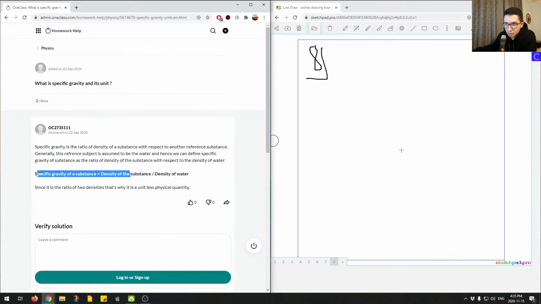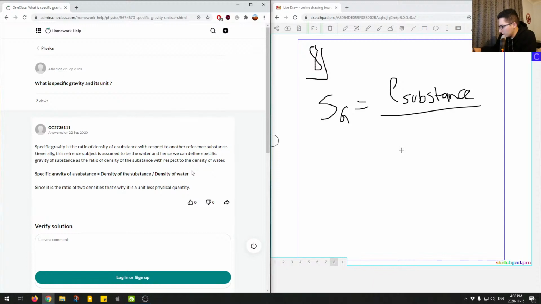So this is the equation. It is the same equation we used before, so specific gravity, I'll write it again, is the density of some substance over the density of water.